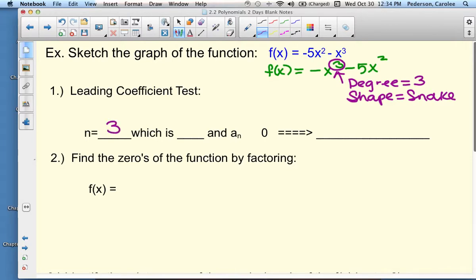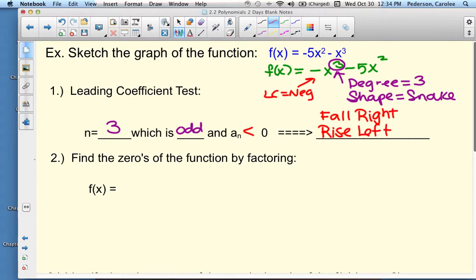So our degree is 3, which is odd. And then our leading coefficient is negative. It's less than 0. So that tells us we're going to fall on the right and rise on the left.